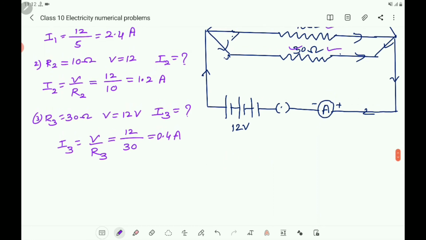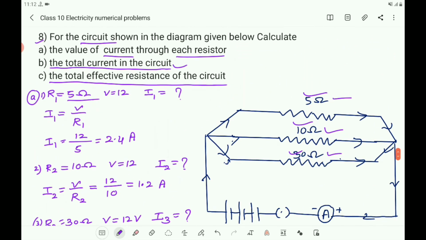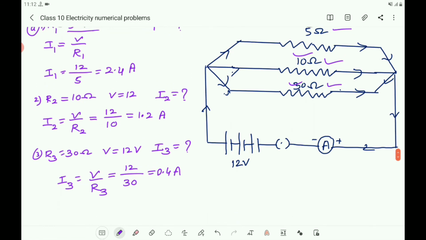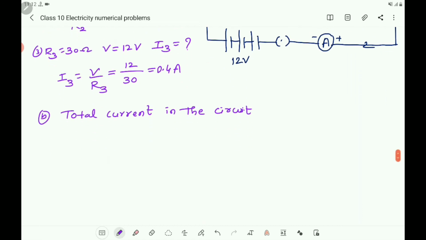Next, what you have to find out is the second part, the total current in the circuit. Total current is I1 plus I2 plus I3. So write B, total current in the circuit: I equals I1 plus I2 plus I3.